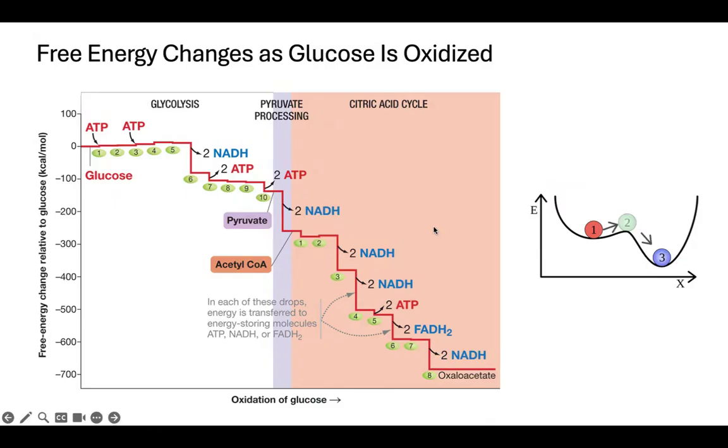When we look at the enzyme stability, here we start with glucose. We had to invest 2 ATPs to get over some of that activation energy, and after that, electrons just start losing all this energy.